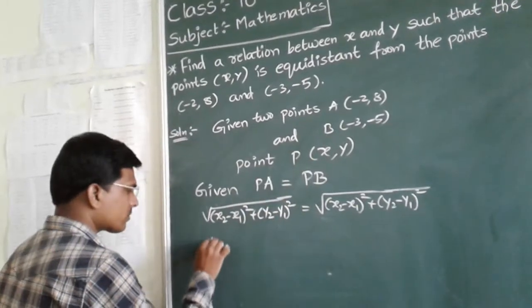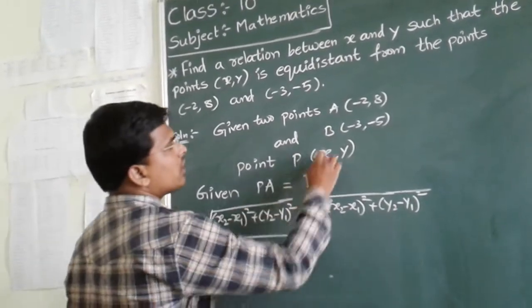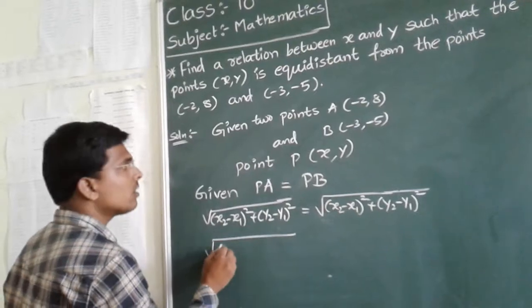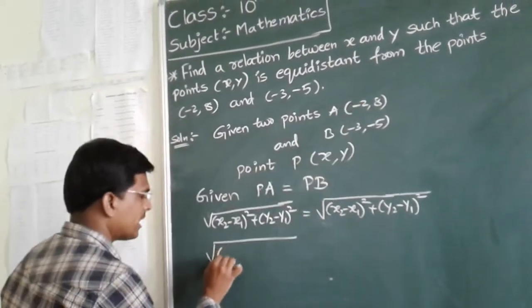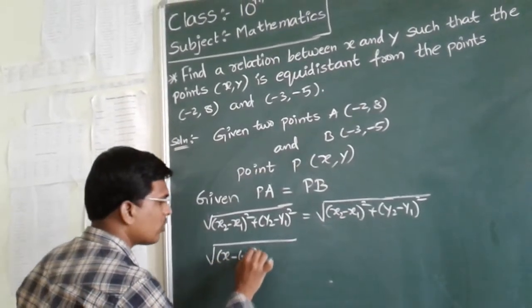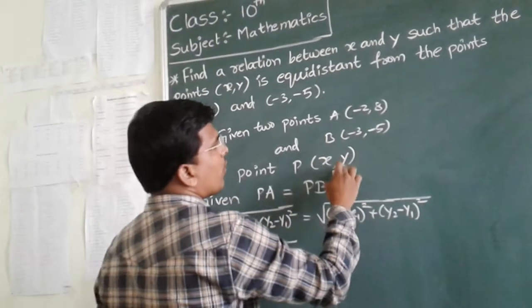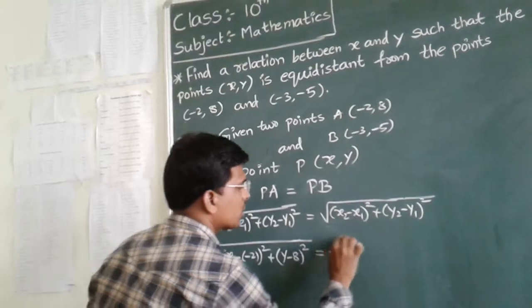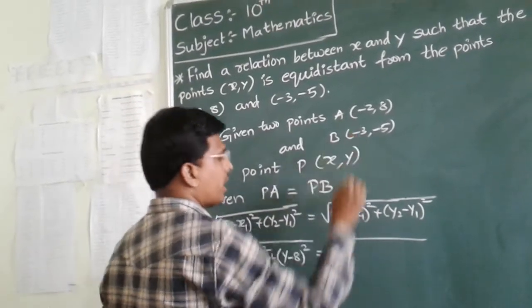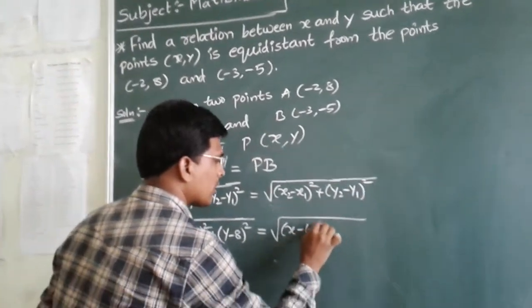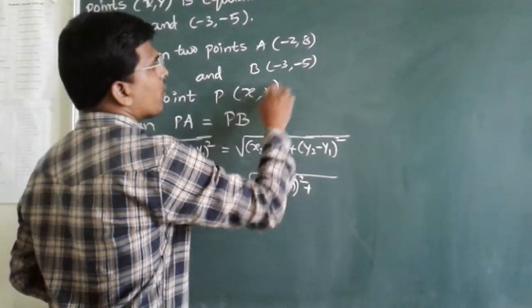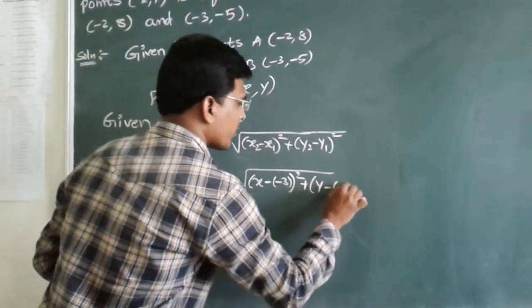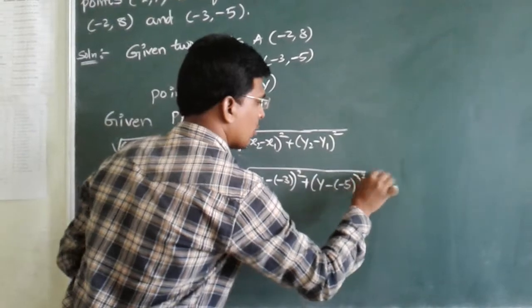So here, x1 and x2, so x2 and x1: under root of (x minus of -2) whole square plus (y minus 8) whole square is equal to under root of (x minus of -3) whole square plus (y minus of -5) whole square.